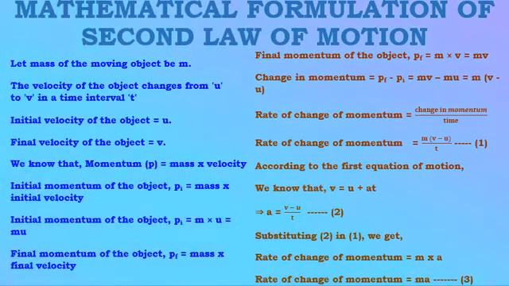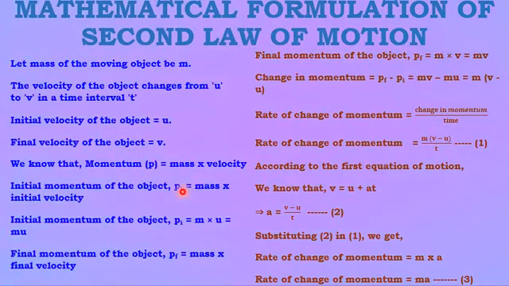Now we have various parameters which we already know. The mass of the moving object is m, the velocity goes from u to v, that is, the initial velocity is u and the final velocity is v. We know that momentum is mass into velocity. So here we have a change in the velocity, so we have a change in the momentum.